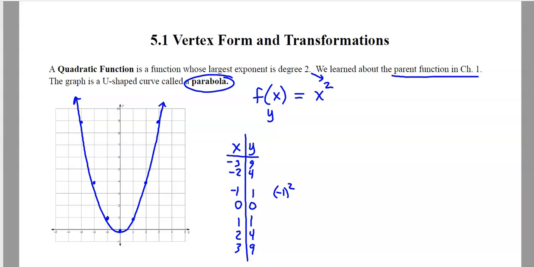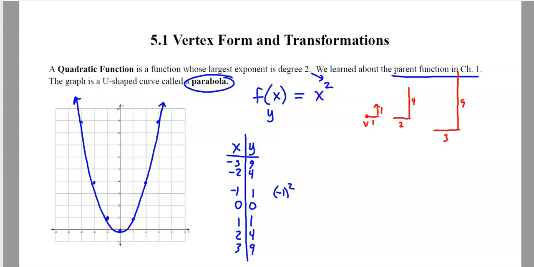So a couple things I really want to harp on here that is very important for how I graph it, is that relationship between when you start with your vertex, just put a V there, going over 1, up 1, that's important. Going over 2, up 4, and then going over 3, up 9.